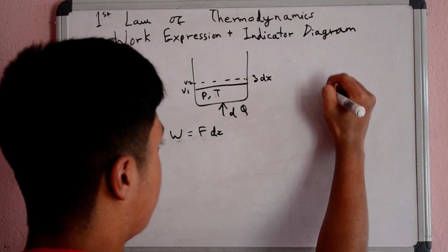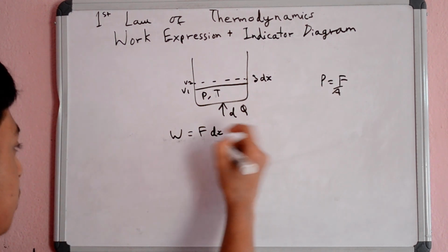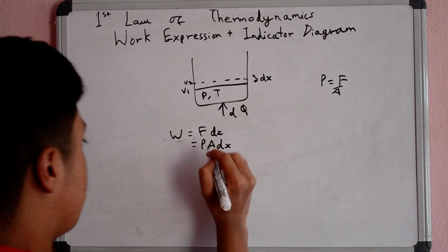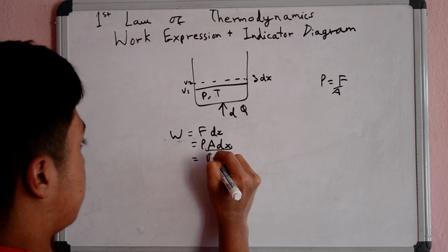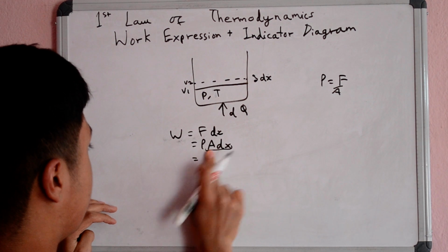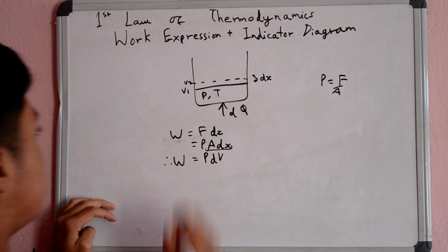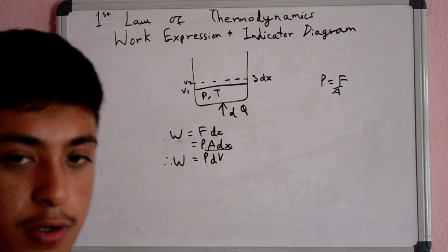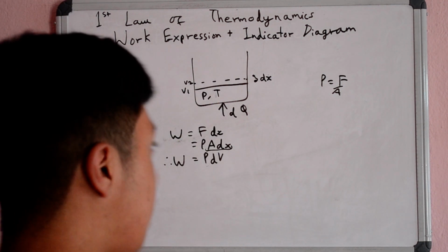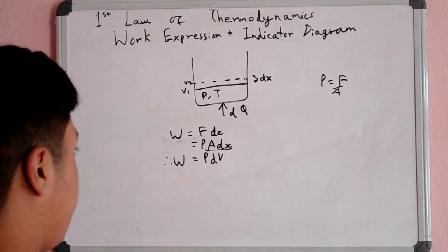We know that pressure is equal to force by area, so force is just pressure into area, and area into small distance dx is just the small volume occupied between V2 and V1, so this is PdV. This is the general work expression for a thermodynamic system, which we will have to use again and again in most of the chapters.